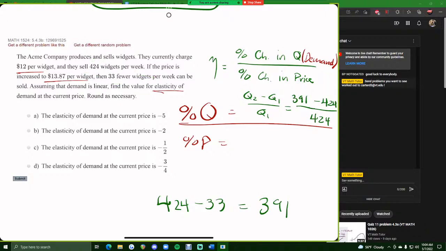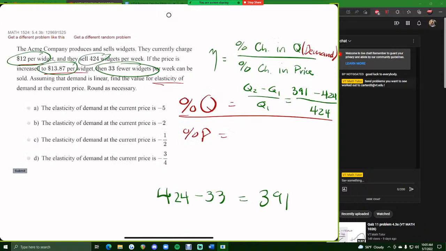So with this problem, pay close attention to the difference: they're giving us the first price and the second price very directly. They're giving us the first quantity, but then they don't give us the second quantity directly. They just tell us how to find it. Okay, so this is how we'll calculate the percent change in quantity.